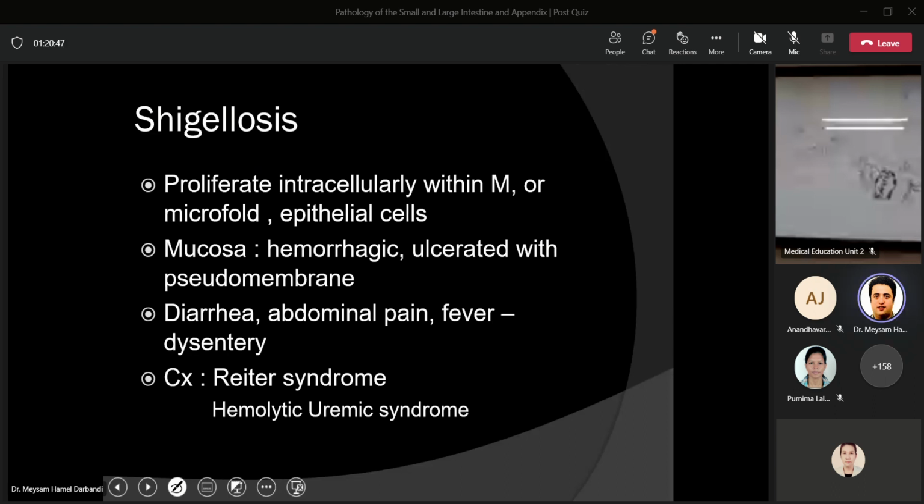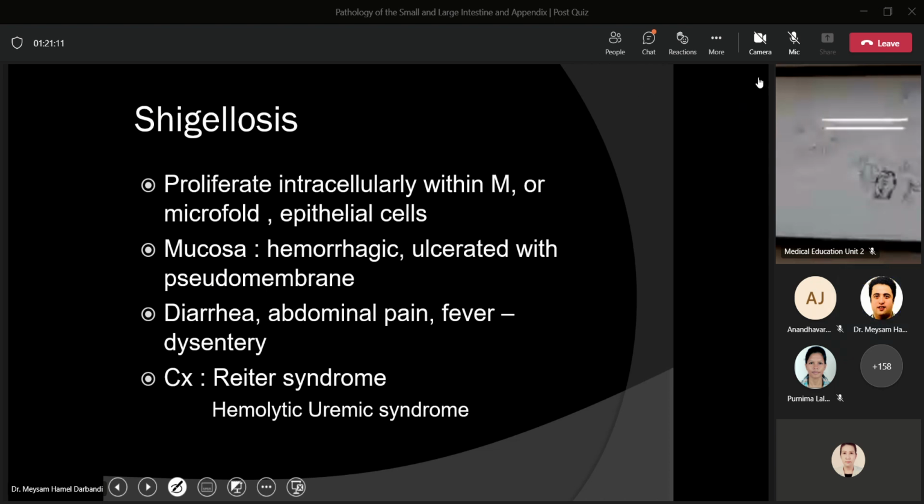Shigellosis proliferates intracellularly within M or microfold epithelial cells. The mucosa will be hemorrhagic, ulcerated with pseudomembrane. So what will you see in the patient? Clinical manifestations: diarrhea, abdominal pain, fever, dysentery.